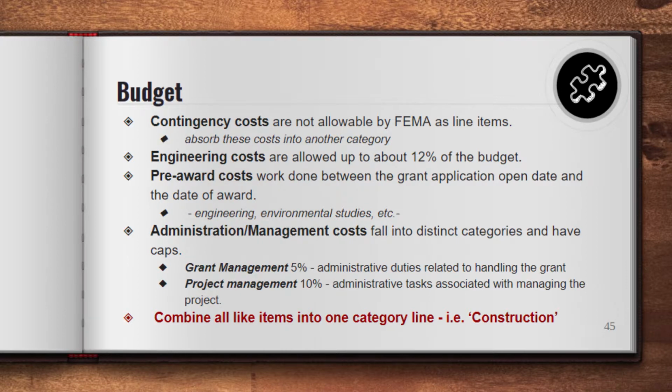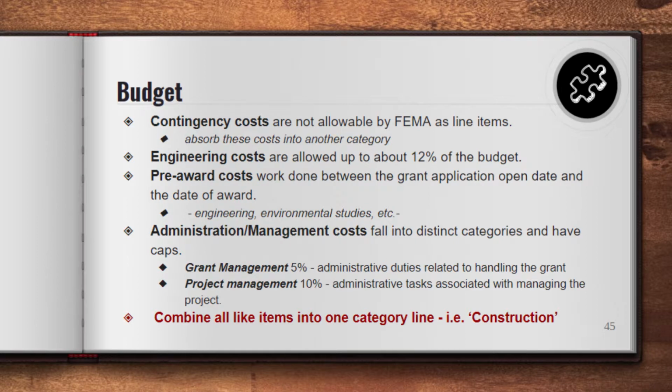You can submit it with the higher engineering costs, but you're going to have to justify why it's so expensive compared to the cost of the project itself. Engineering also includes environmental and engineering studies you're going to have to do. It's not just the salary you're paying the engineer. It's all that stuff that goes into engineering.